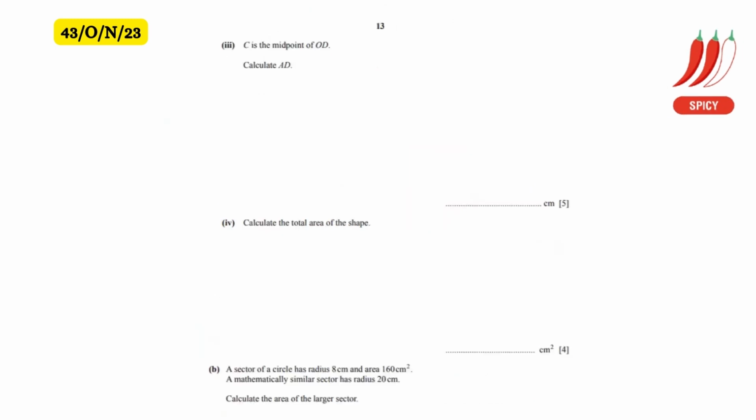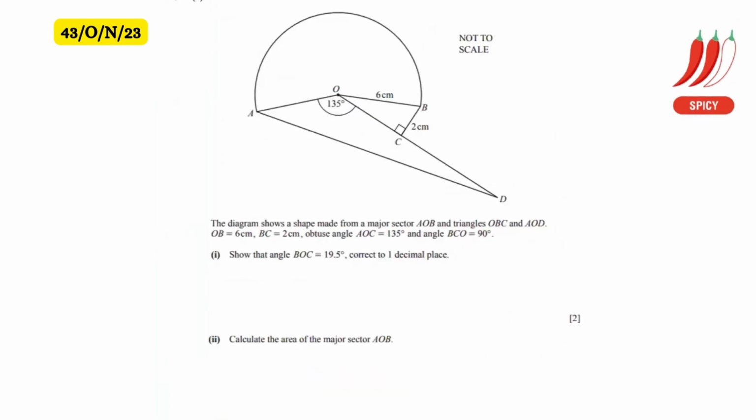Then it says C is the midpoint of OD, calculate AD. If C is the midpoint of OD, we have to calculate this. Using Pythagoras, we can find OC. So OC squared is basically 6 squared minus 2 squared, which is 36 minus 4. 32, we take the square root of that.